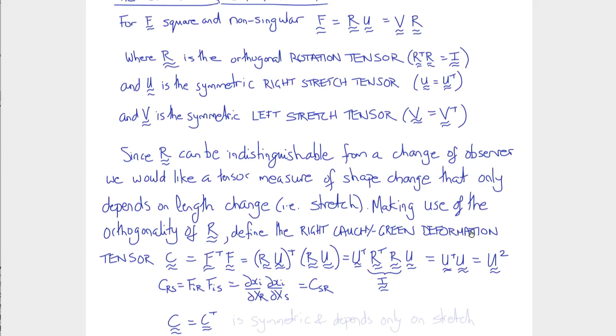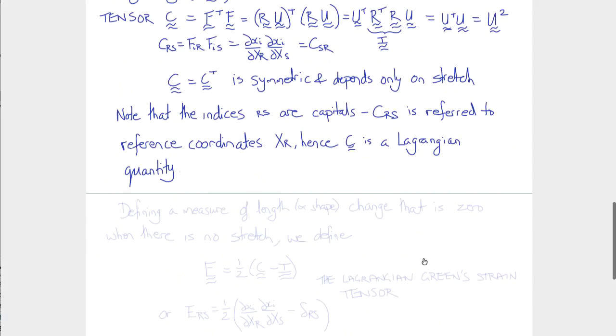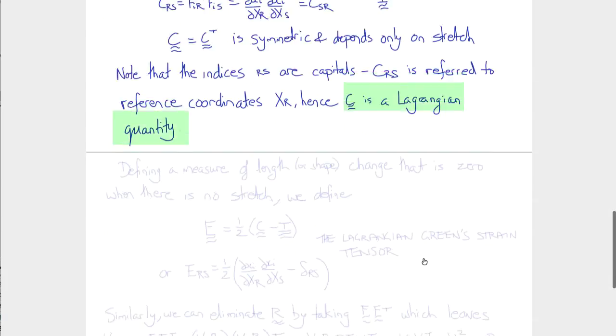So C is symmetric, which we would expect because U is symmetric. And furthermore, notice that the indices of C are the capital letter, referring to the components of the reference or undeformed coordinates. So C, the right Cauchy-Green deformation tensor, is a Lagrangian quantity.